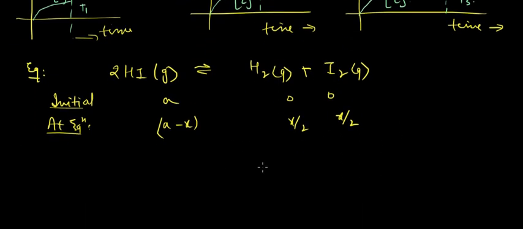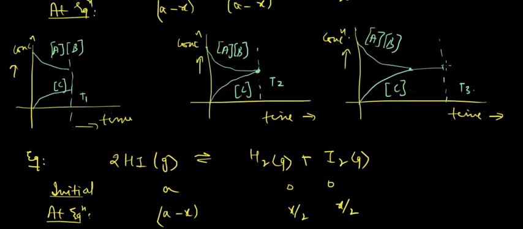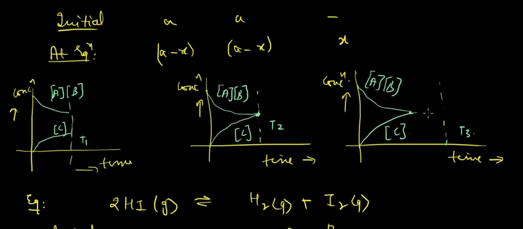Okay, so here what we will see is the concentration of, rather, this is the graph in which it will not change, but the concentrations of the two are not yet at a certain point, because the concentration of A and B would be a minus x.